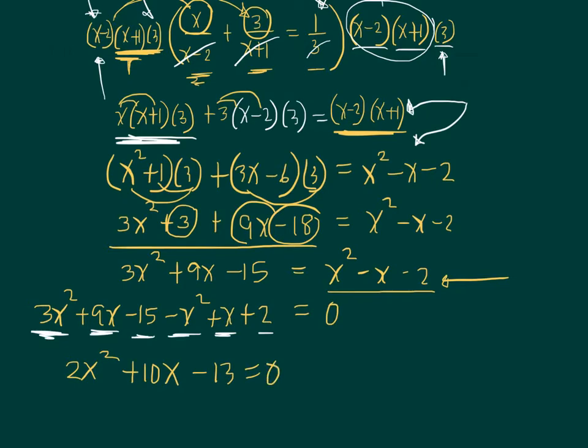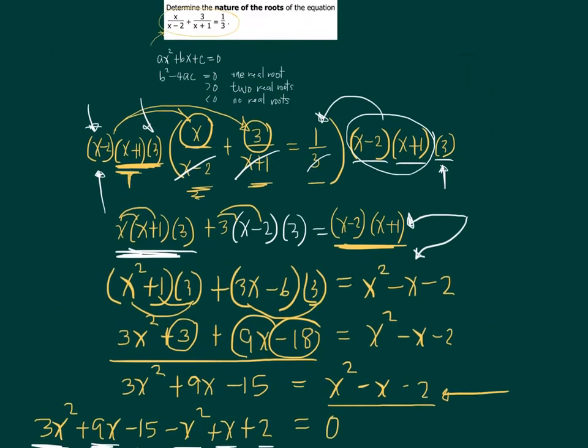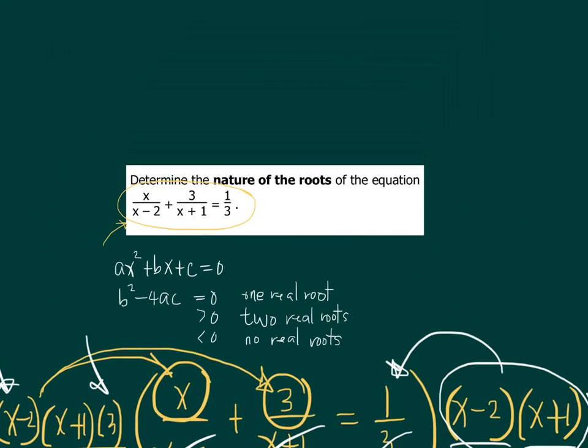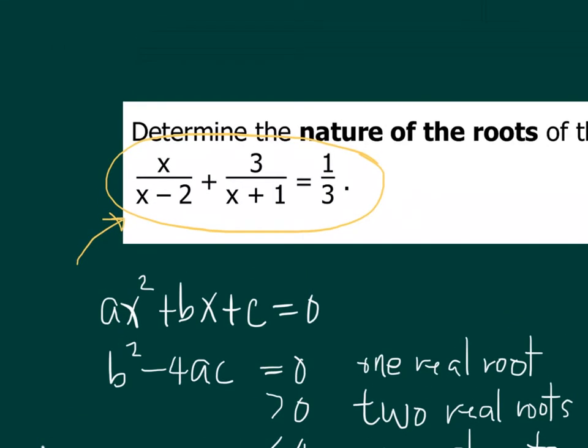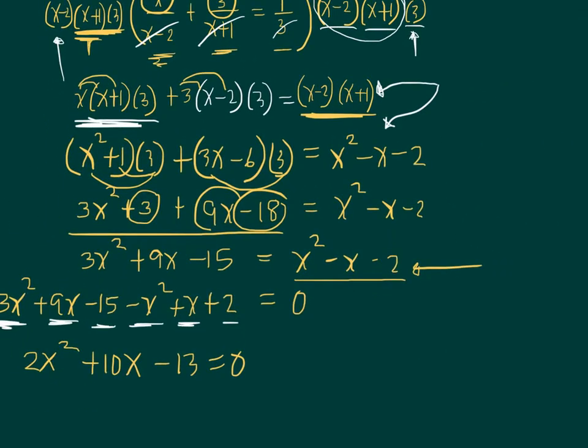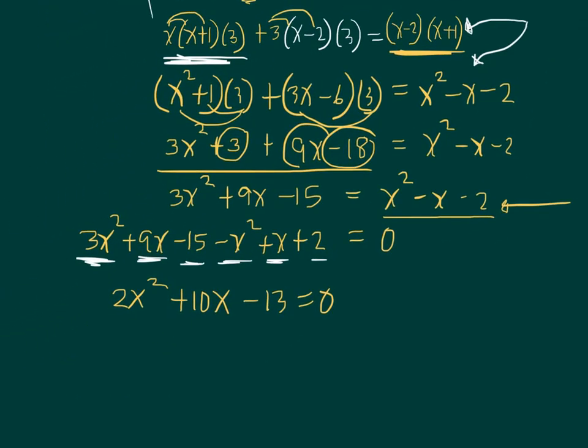So as you can see, the fraction that is given, x plus 1 over x minus 2 plus 3 over x plus 1 equals 1/3, is now reduced into the equation 2x squared plus 10x minus 13, which follows the form of ax squared plus bx plus c equal to 0.